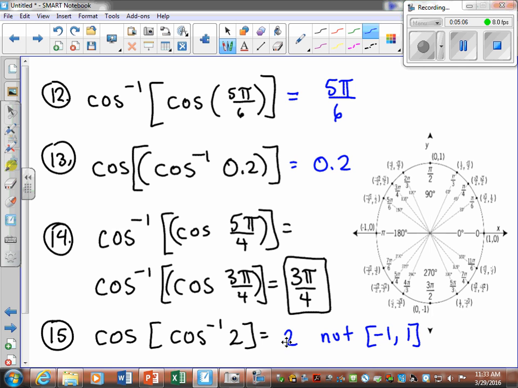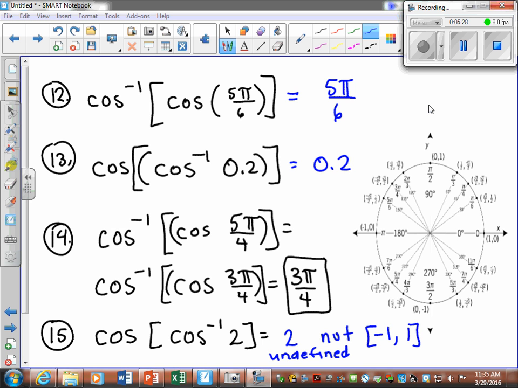And there's nothing I can do to get it in that interval, so there's no other location. So this is just undefined.